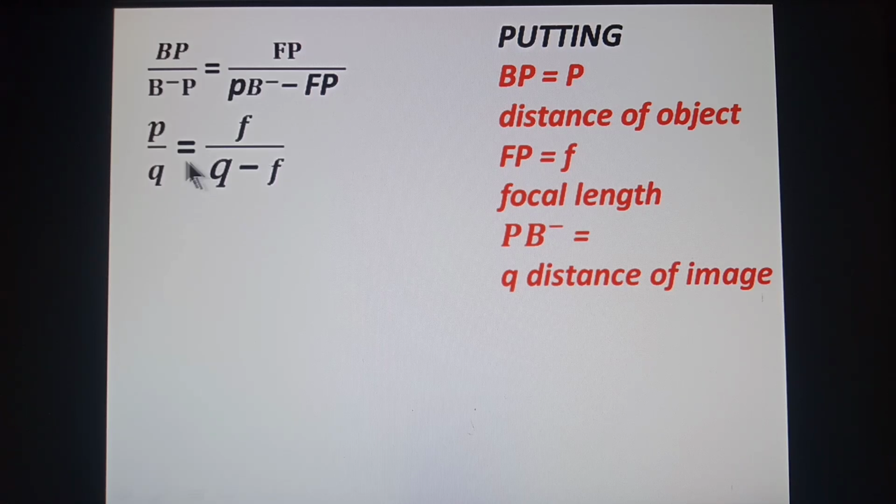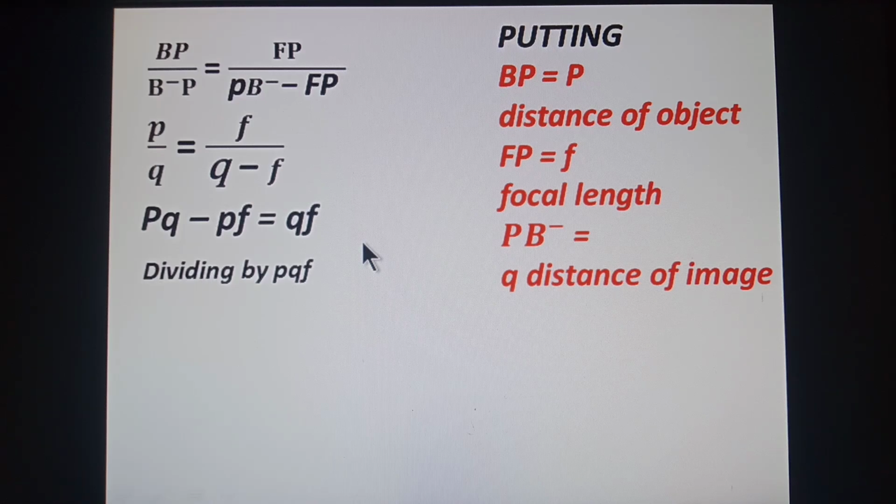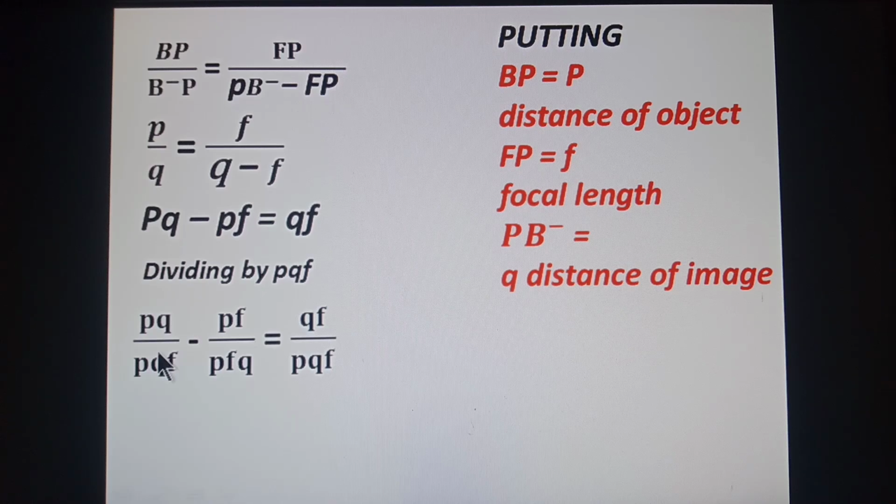Here I look at this equation. I cross multiply it. By cross multiplication, I get this equation. To solve it, I divide both sides by PQF. Dividing by PQF, the first term is divided by PQF, the second is divided, the third is divided. Now what happened?